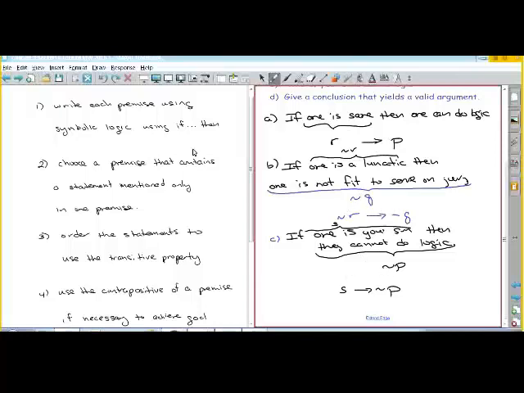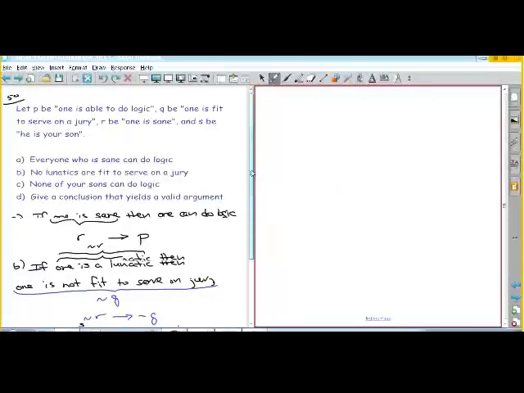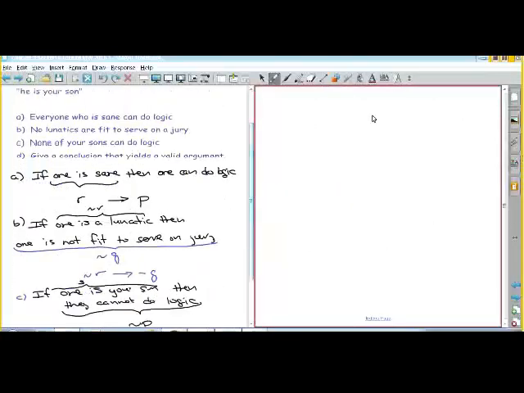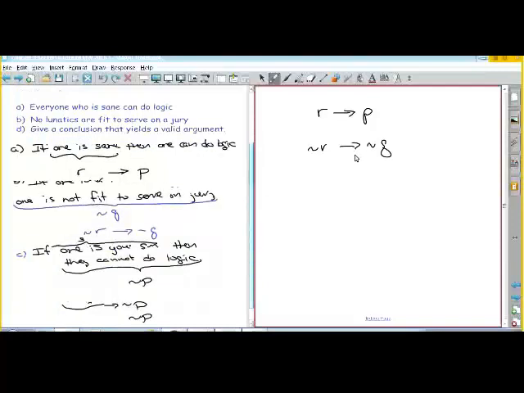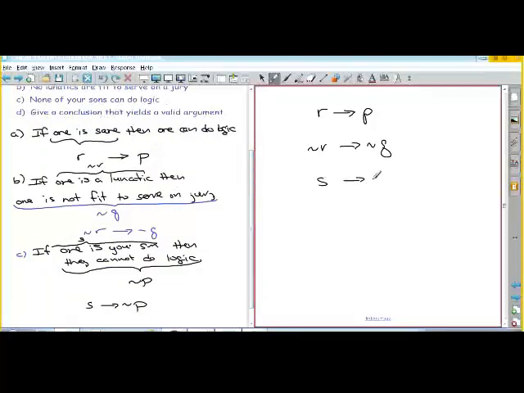So we've done that. So let's write them down now because we're still working on part one. So we're going to write down the three premises. If R, then P. The second one is, if not R, then not Q. And the final one is, if S, then not P.